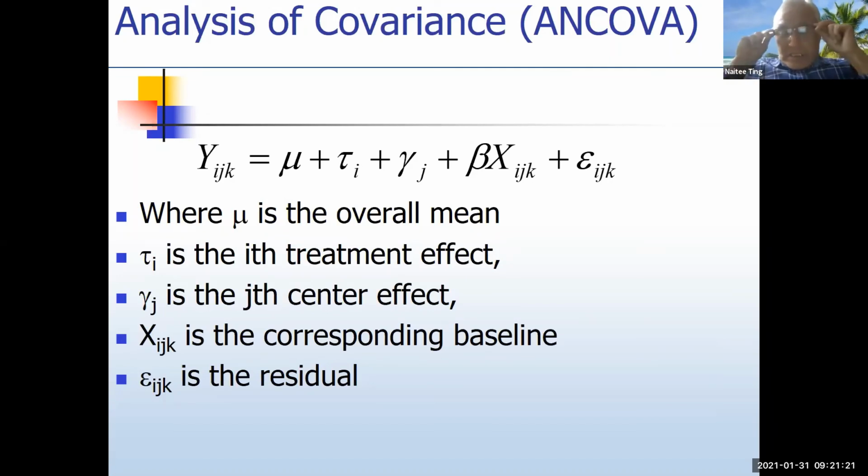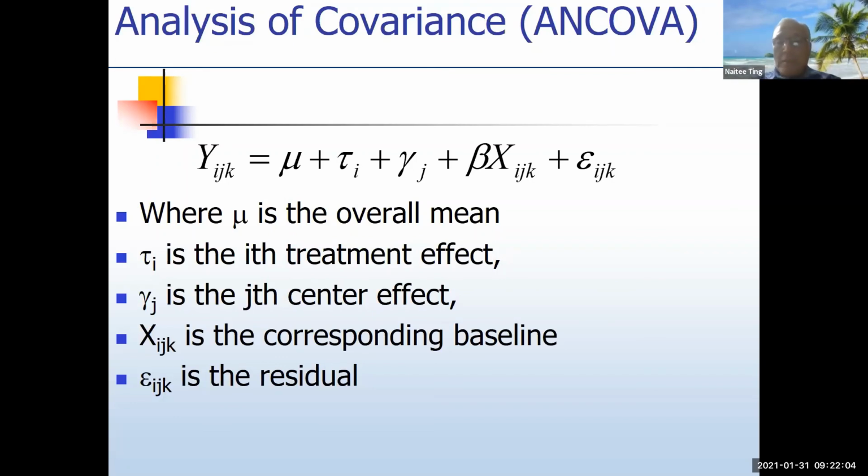If at the design stage I think there's a treatment by gender interaction, and the drug is only better for male but not that much better for female, then it would not be ethical to recruit female patients, because I already know that. If my design includes both male and female, that means I assume there's no interaction.